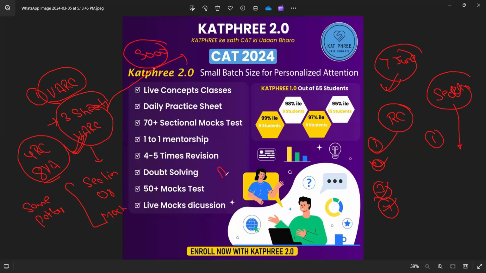From the August first week onwards, we'll move to 4 sheets of RC per week, right? In that, 3 will be through mock plus 1 will be through sectional, and all will be discussed live in the class, right?